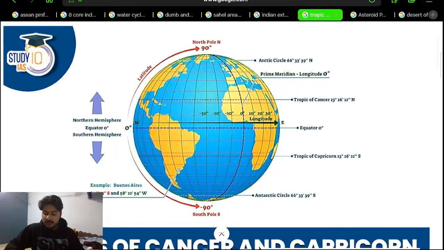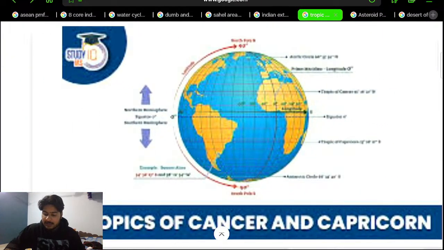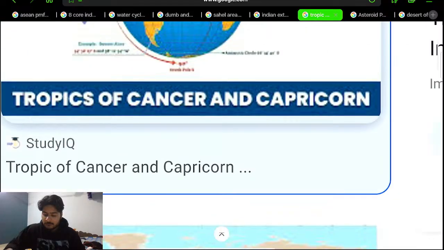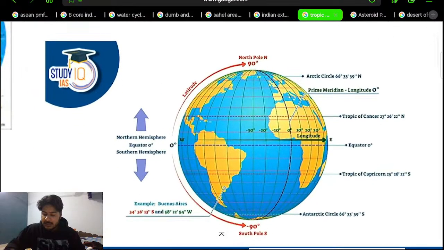This is the overall Earth. In this case, you may see, for example, this is the equator. The equator is the midline that passes through the center of the Earth. The equator is the largest latitude.